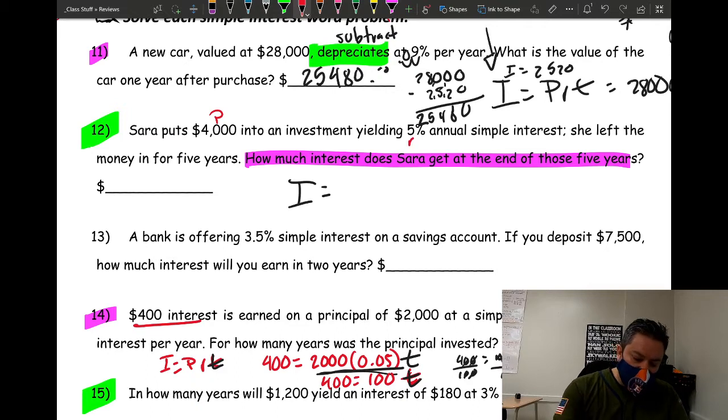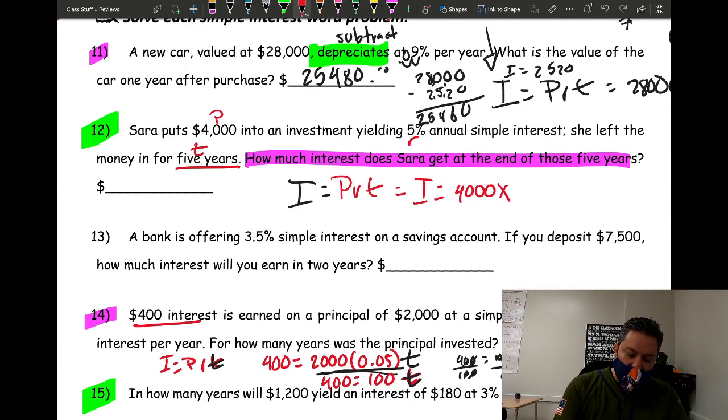My rate is 5%. You gotta convert that into a decimal, don't forget that. And the time is given to you right there. Time, 5, in a word format. So, that's the formula. So interest, my principal is 4,000 times my rate.